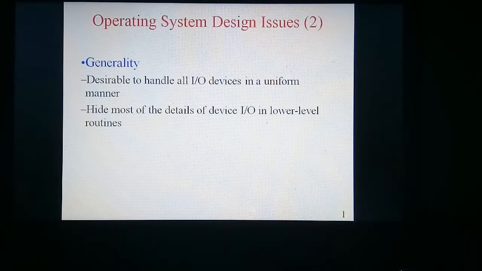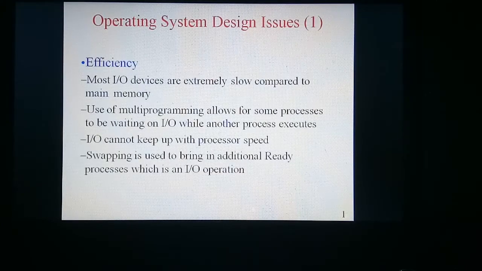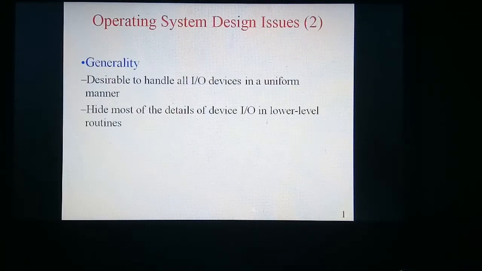If you are using a printer, we need not know the inner details of the printer, but we want to carry out the printing operation. So generality is an important design issue with input output devices. So these are the two design issues: first is efficiency and second is generality.